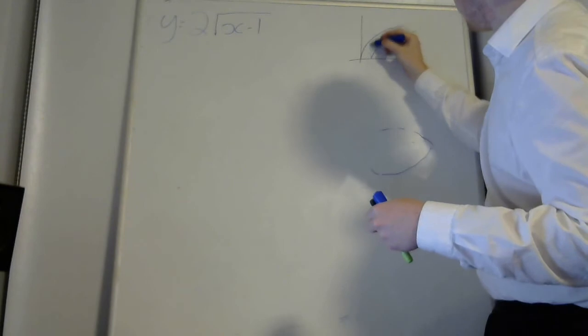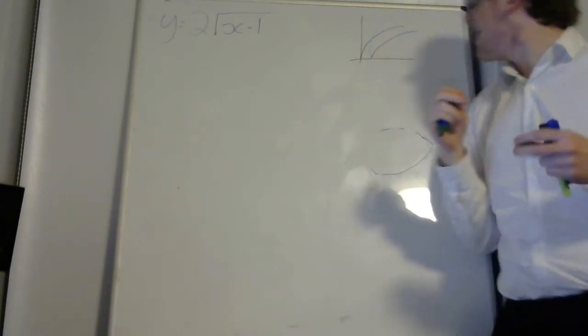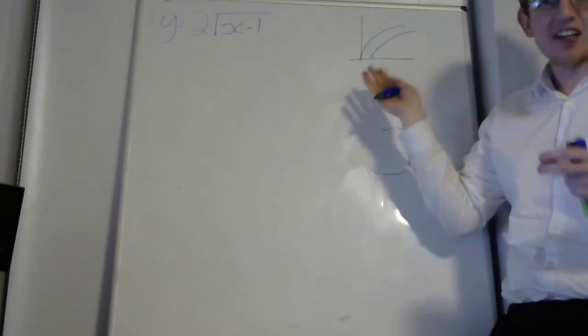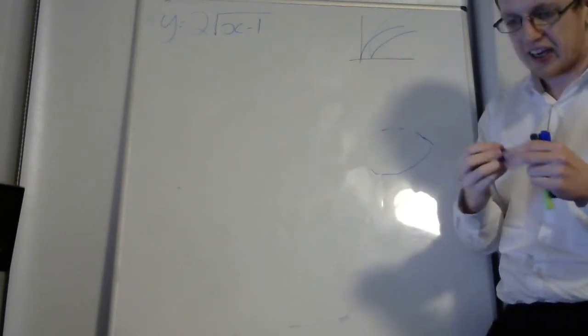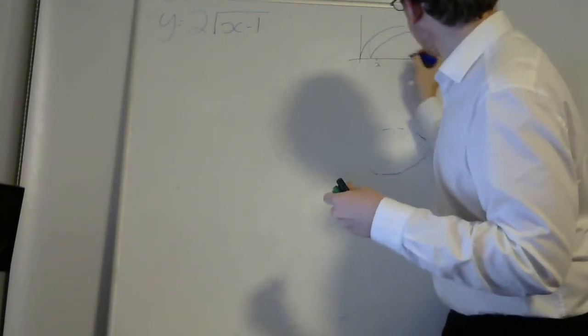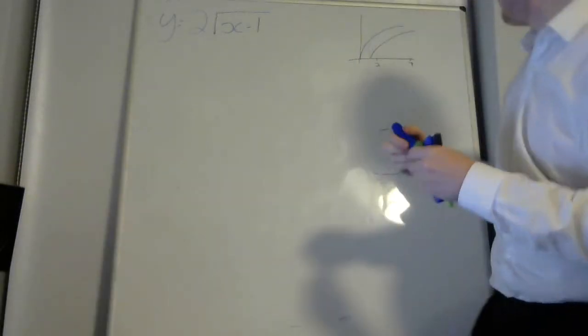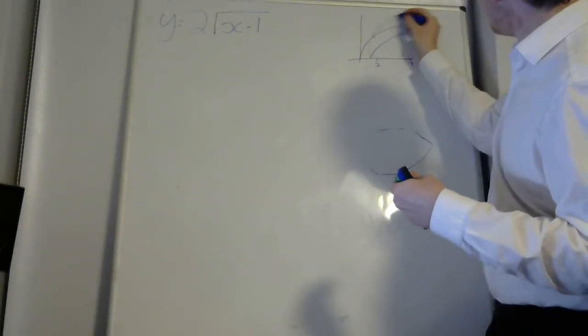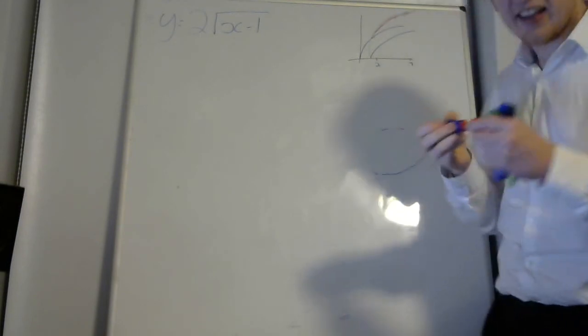It looks kind of like that. And we want the length of the curve between x equals 2 and x equals 9. So we want basically the length of this arc here.